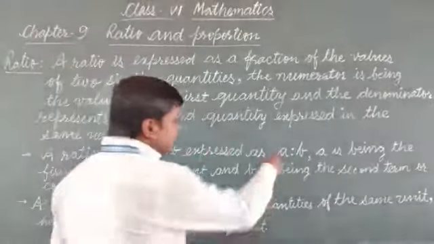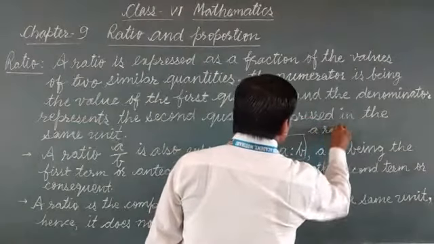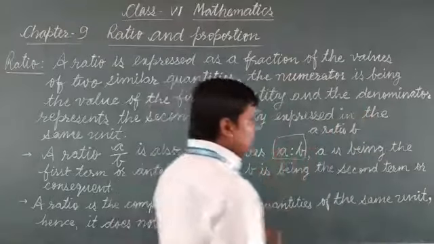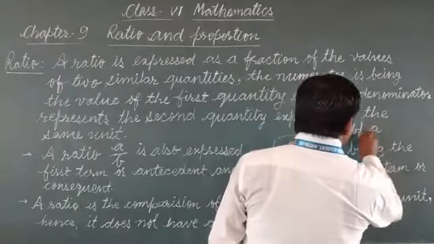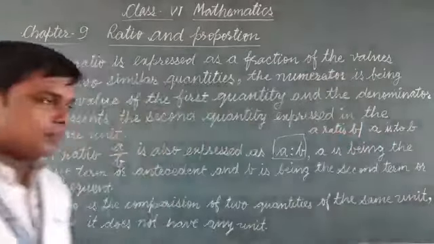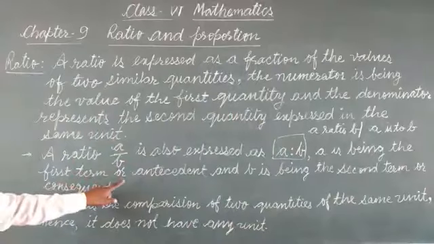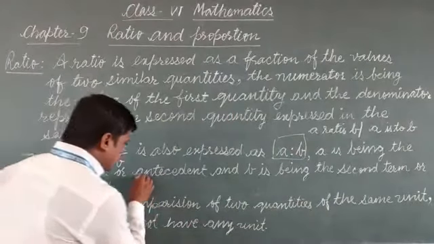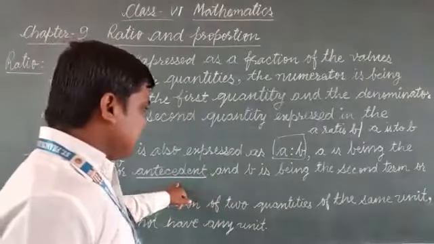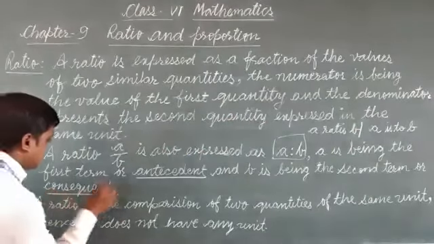We can also write this as A ratio B, or ratio of A and B, or A is to B, where A is the first term or antecedent, and B is the second term or consequent.